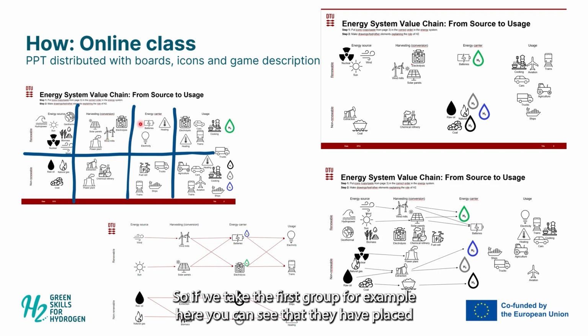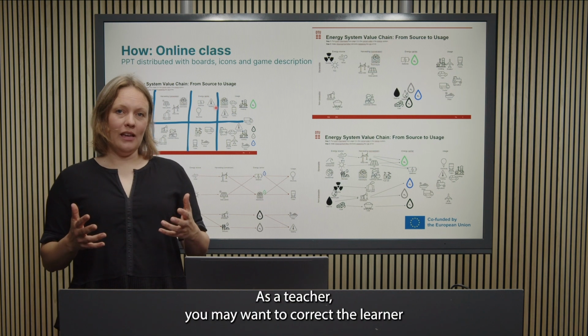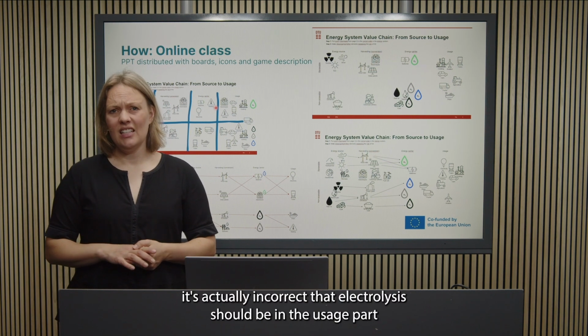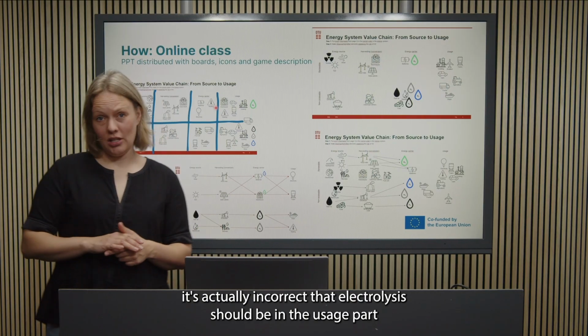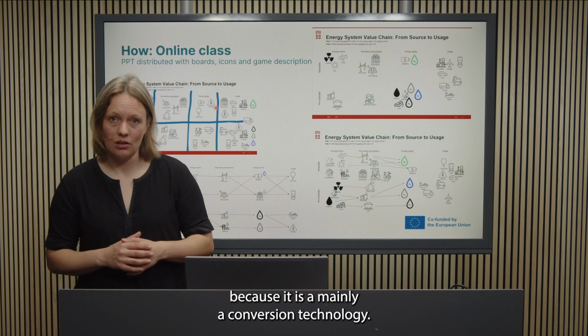So if we take the first group, for example, here, you can see that they have placed electrolysis both in the conversion field and in the usage field. As a teacher, you may want to correct the learner right away by saying, it's actually incorrect that electrolysis should be in the usage part because it is mainly a conversion technology.